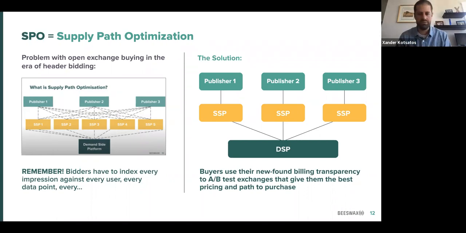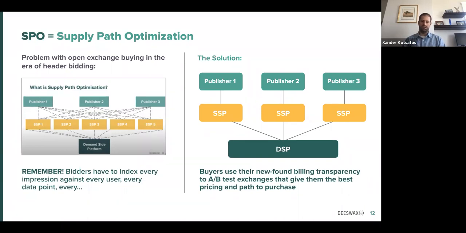And so some of this can be done on the DSP side, but now that the client actually has a direct relationship to the SSP, they could work with each individual SSP and run with publishers on each and actually A/B test, saying, okay, for these publishers that I run on a lot, this SSP is more efficient than this SSP. And if I only go through one, then I won't have any worry of 2 SSPs giving me the same request and me bidding against myself, right?